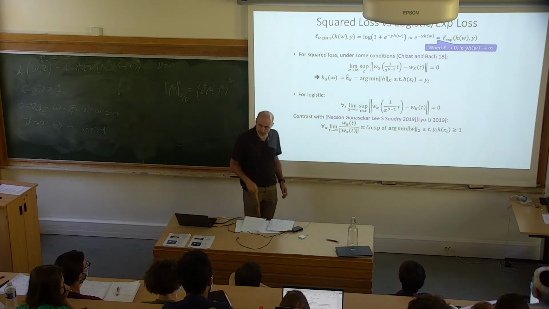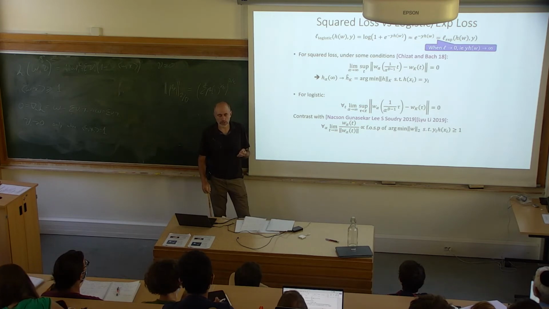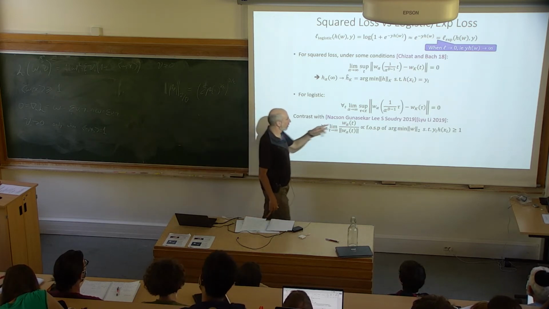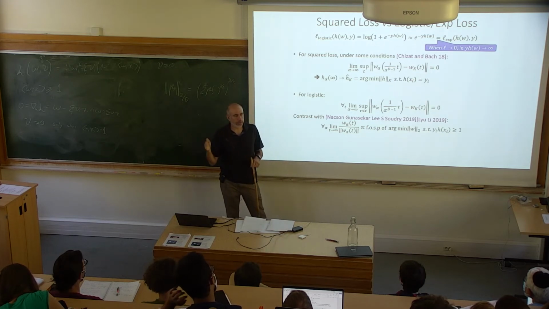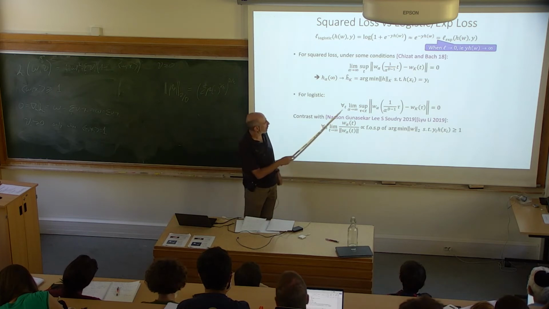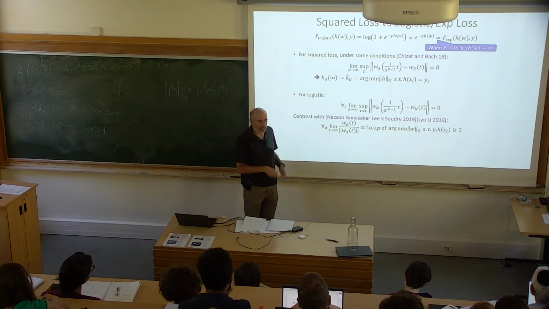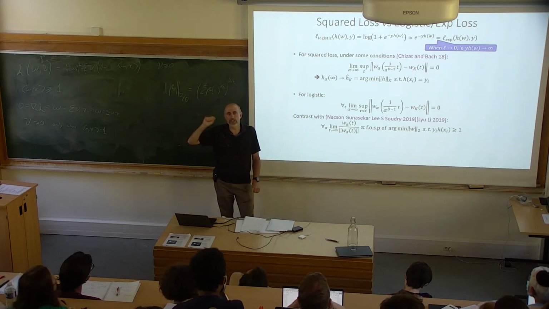For logistic loss, you can also get a similar statement about how taking the scale to infinity gets you into the kernel regime. But the problem is that in the logistic loss, you can only get it for finite time. If I fix in advance how long I'm going to optimize, and then take the scale to infinity, then I stay inside the kernel regime.